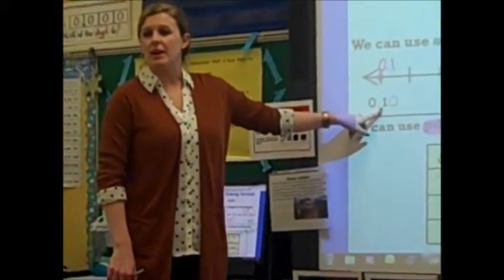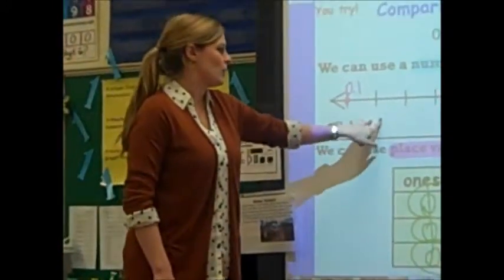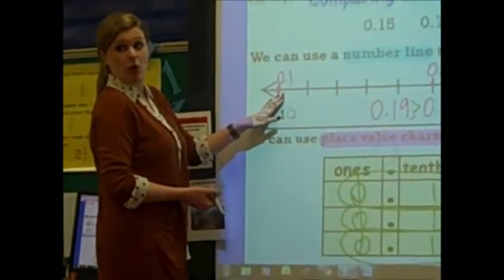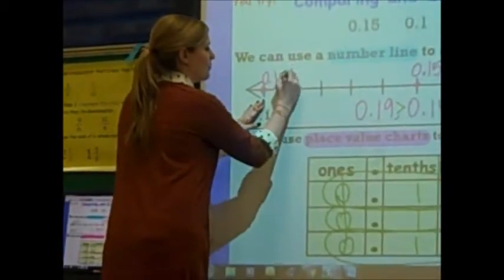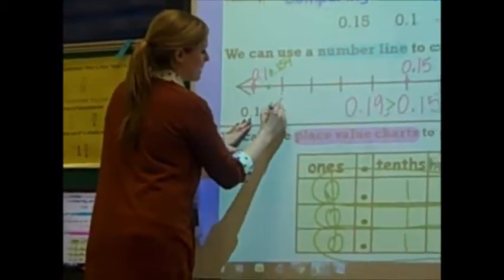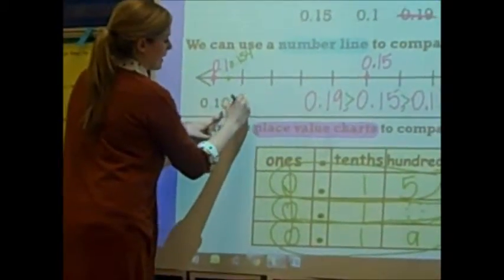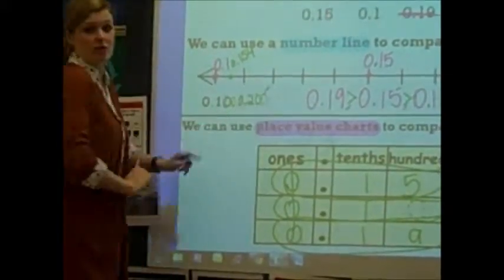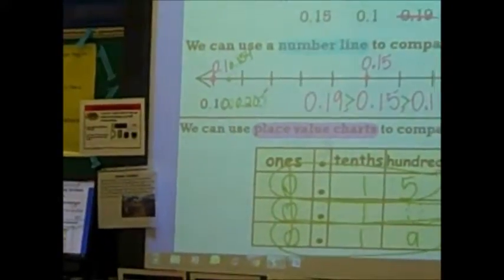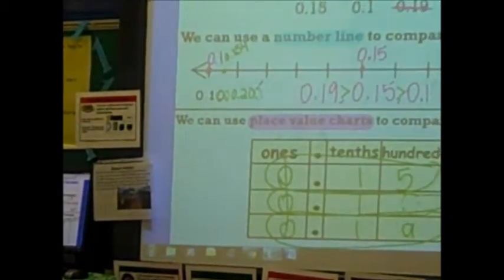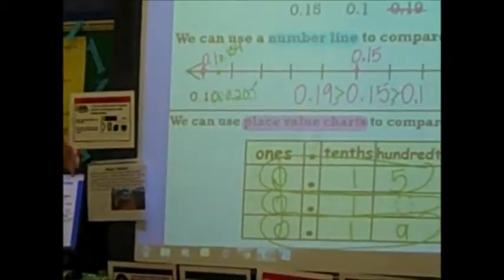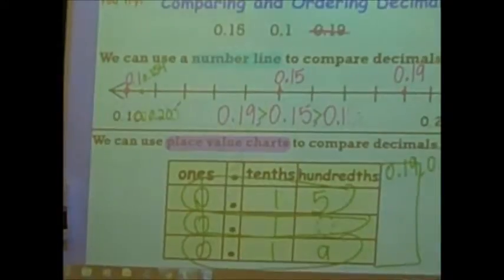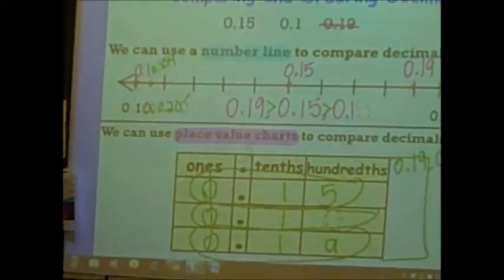If I wanted them to plot thousandths, I would have 10 hundredths, 20 hundredths, 30 hundredths, and if they were going to plot 154 thousandths, it would be somewhere in here, between 10 hundredths and 20 hundredths, because technically that's 100 thousandths and 200 thousandths. That's exactly what we'll do. It won't be quite as in-depth, because it's thousandths. We would go from hundredths to thousandths. Great question.